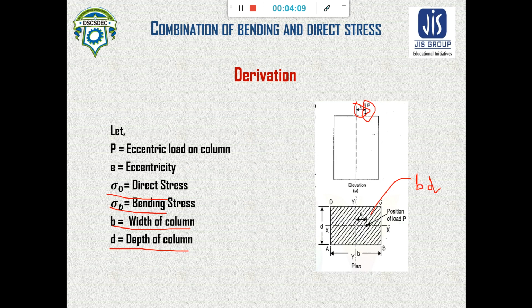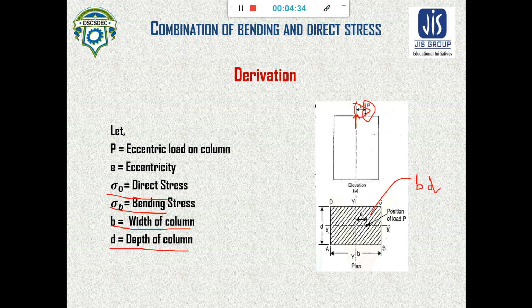Now, what will be the value of the moment for this force P? For this force P, which is an eccentric load, in the previous lecture we discussed that an eccentric load can be imagined as a couple.